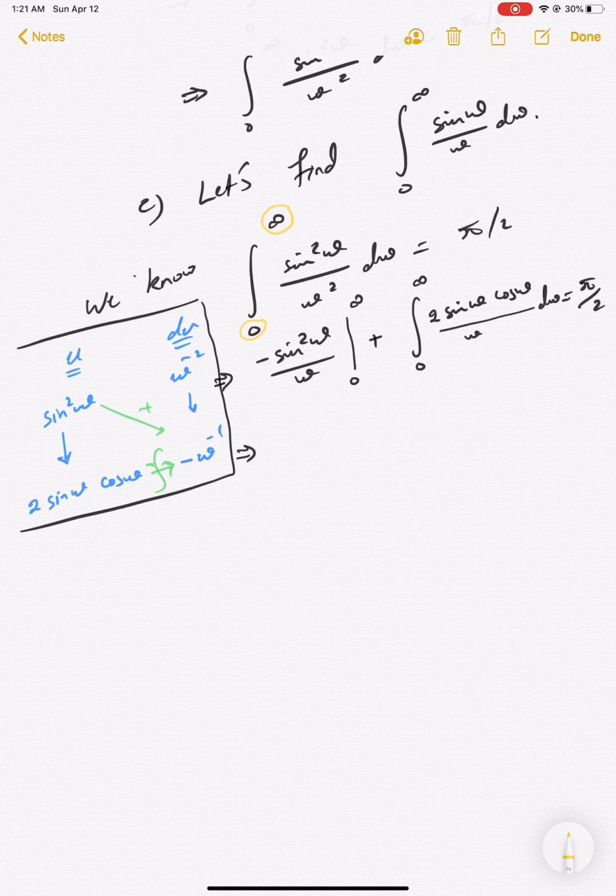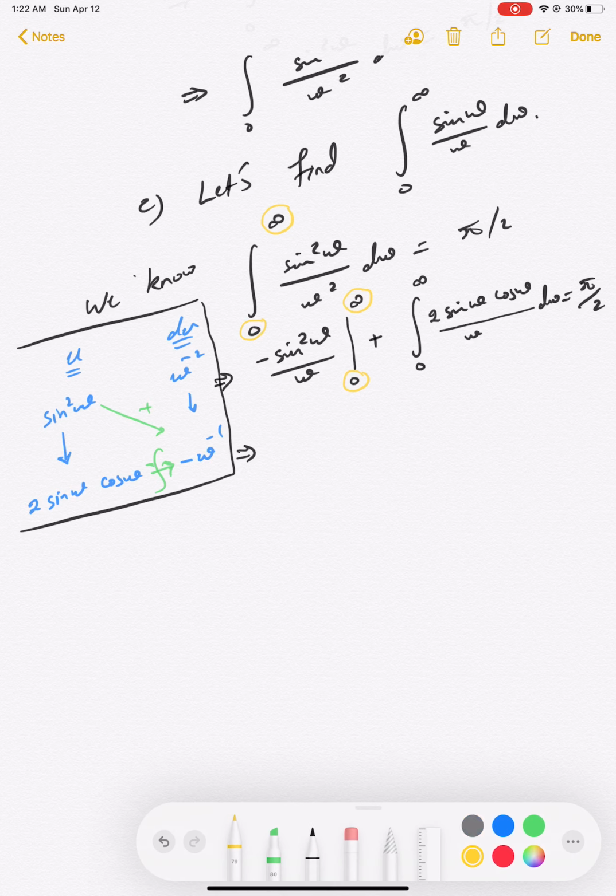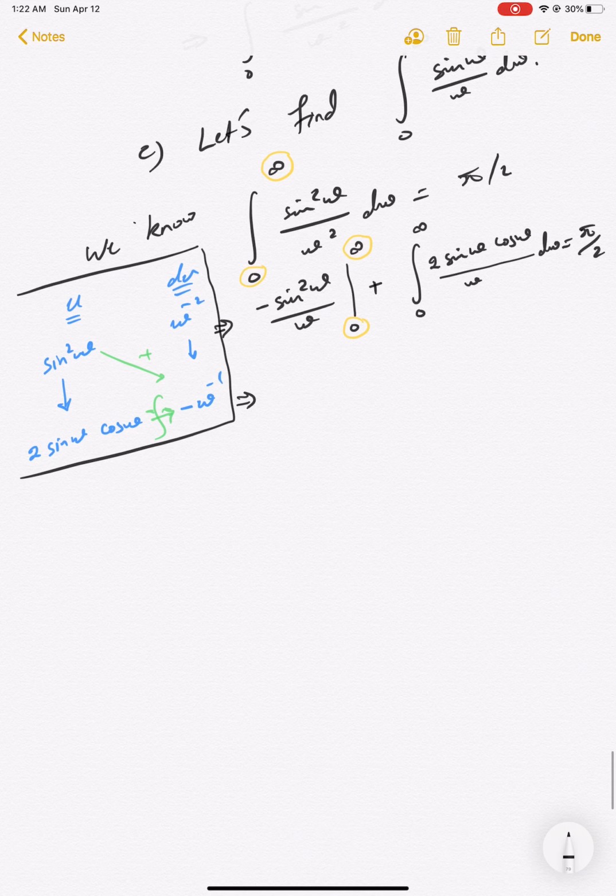So basically, when we look at this infinity, we imagine we have a limit. At this 0, we have a limit. So what is the limit? Basically, as omega goes to infinity, sine square omega over omega. And what's the limit as omega goes to 0? If you look at the first limit, when omega approaches infinity, the sine square is always between 0 and 1. So if you have something between 0 and 1, you divide it by omega, which is infinity. Using the squeeze theorem, we used it before, this will be 0.